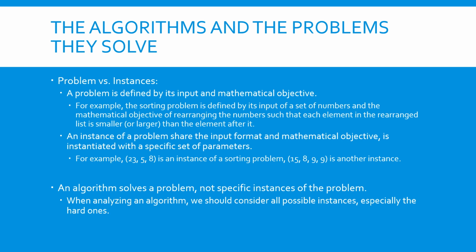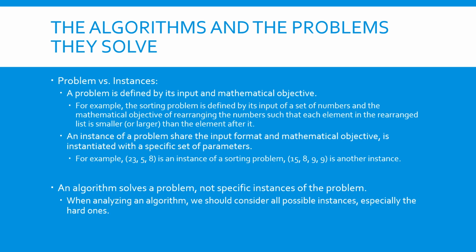At last, I would like to mention the difference between a problem and its instance. Usually, a problem is defined by its input and mathematical objective. Consider the sorting problem. Its input is a set of numbers to be sorted. Its mathematical objective is to ensure that, in the output list, each element is smaller or larger than the next one.